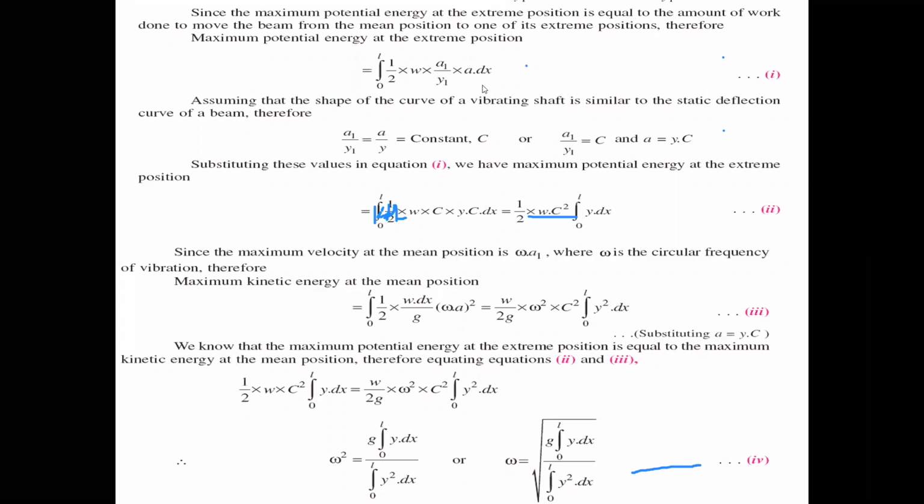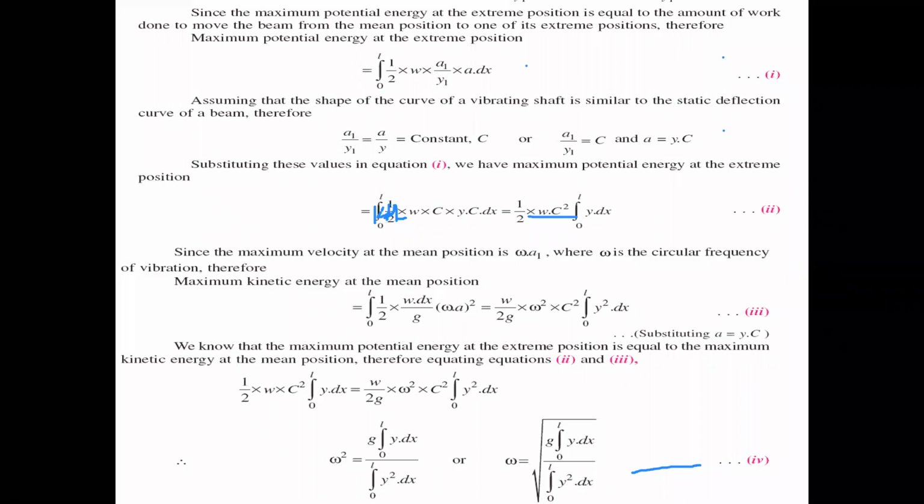Therefore A1 by Y1 equals A by Y. So both are similar, both are equal. That equals C. A1 by Y1 equals A by Y equals C. Or it may also be written as A equals YC.